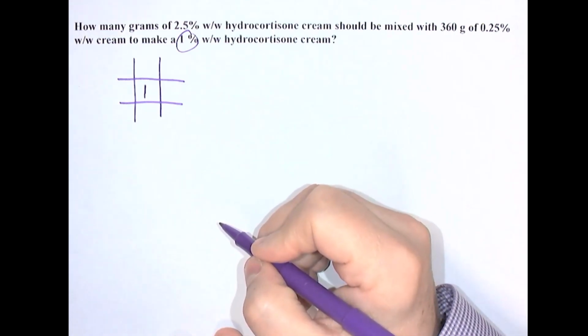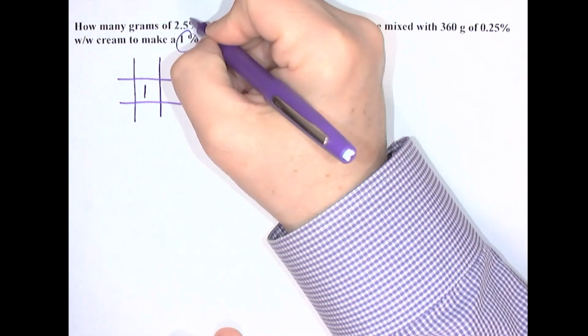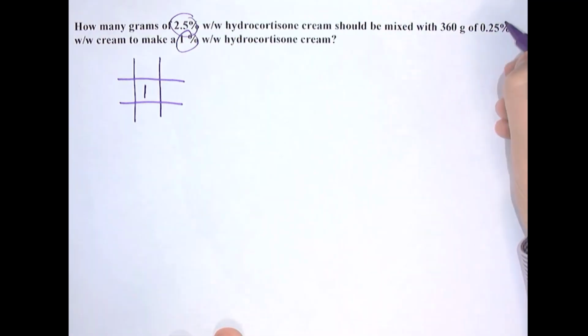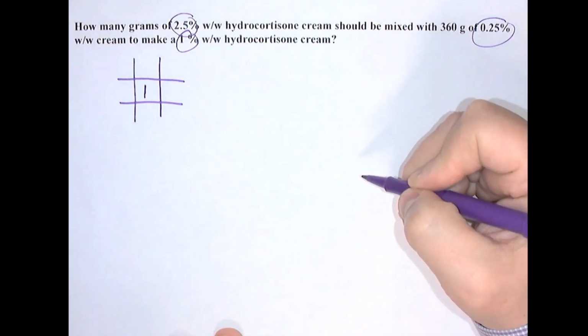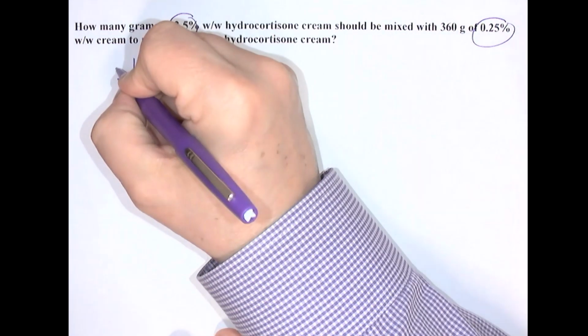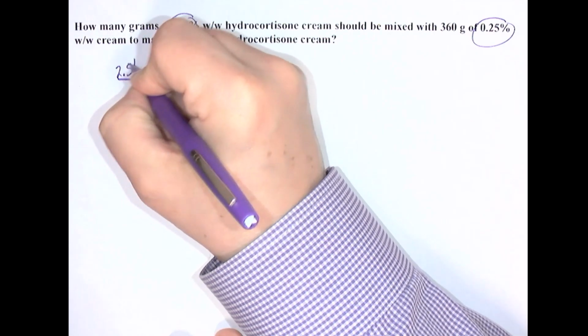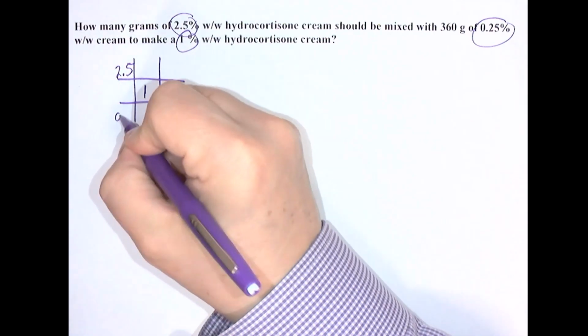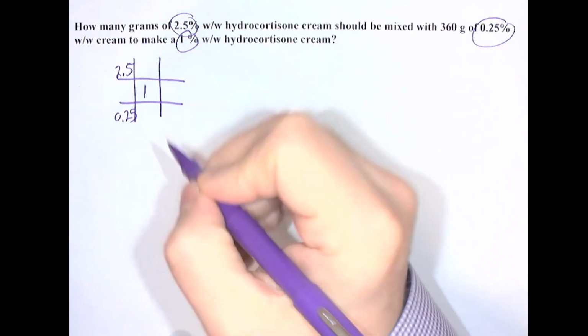It also says that we'll be using a 2.5% cream and a 0.25% cream to make this resulting 1% hydrocortisone cream. So we'll have 2.5%, and then 0.25%. We'll be working with that.